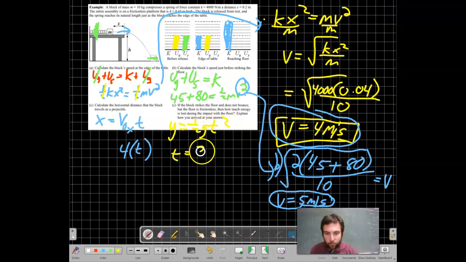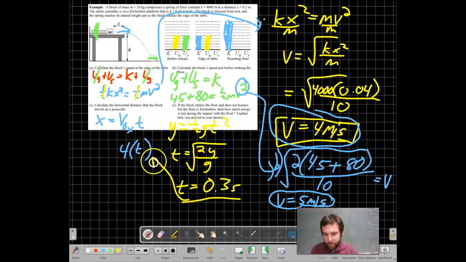And we get t equals the square root of 2y over g. 2 times y is going to be 0.9 divided by 10. So our time is going to be equal to 0.3 seconds. Now we can take that, plug it in here to get our displacement. 4 times 0.3 is going to equal 1.2 meters.